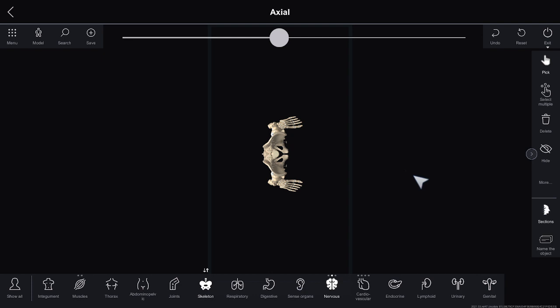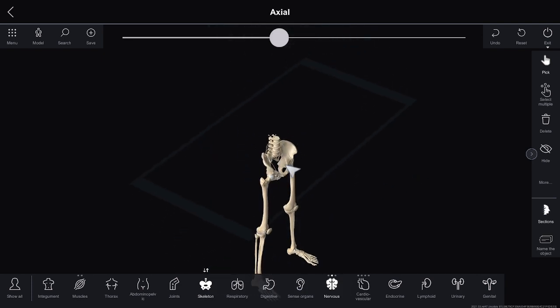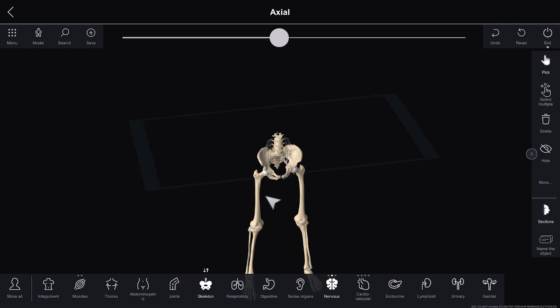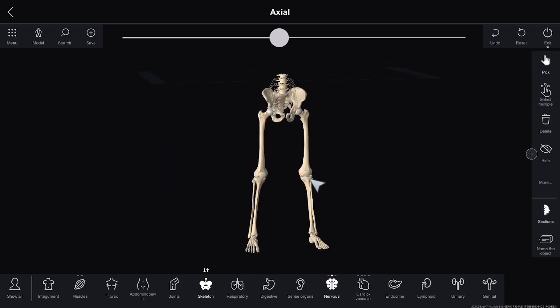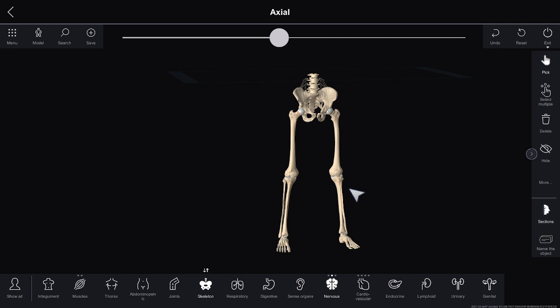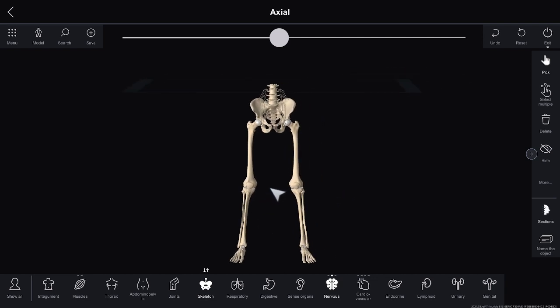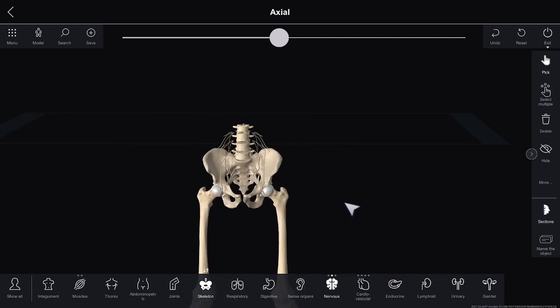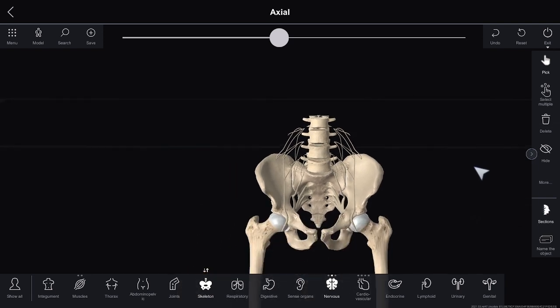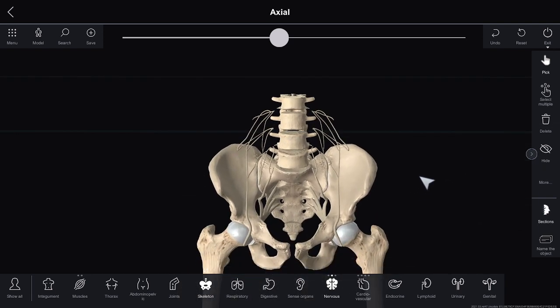And now I turn the skeleton this way and let us make magnification to see better, and let's count: fifth lumbar, fourth, third, second, so we need to add some vertebrae.